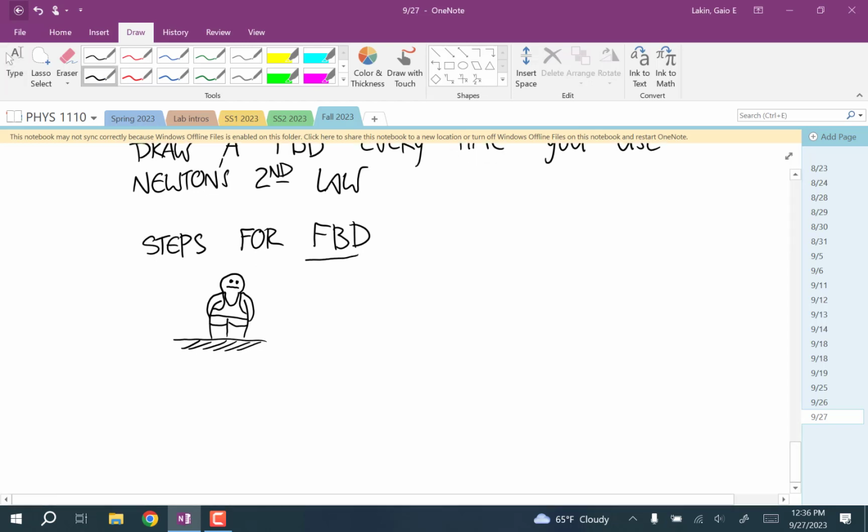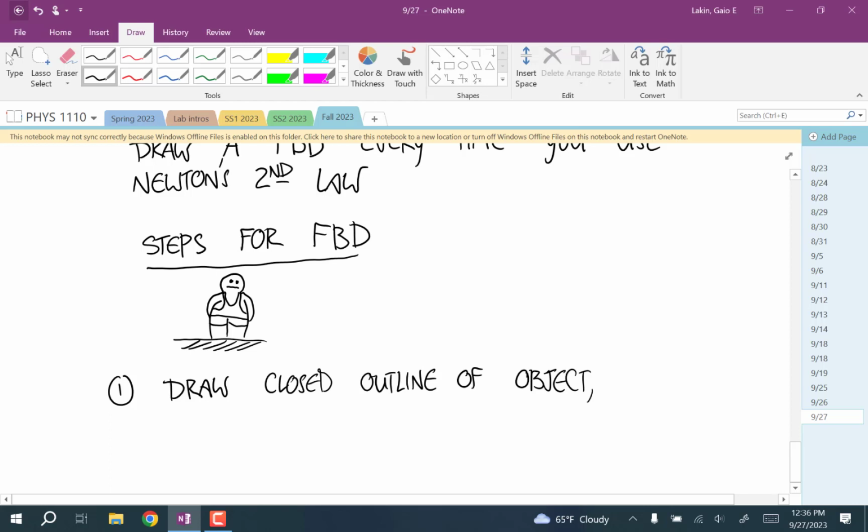So the first step is draw a closed outline of the object you're analyzing. What do you mean closed outline? Okay, I'll show you some things that don't qualify, but basically what we're trying to do with a free body diagram is be very clear about the boundary.